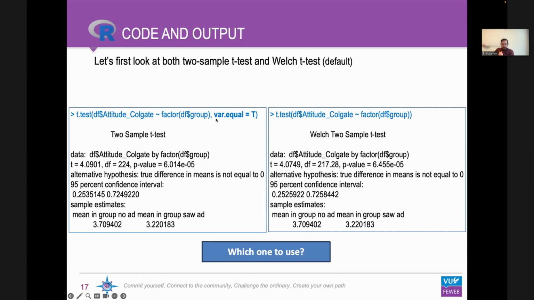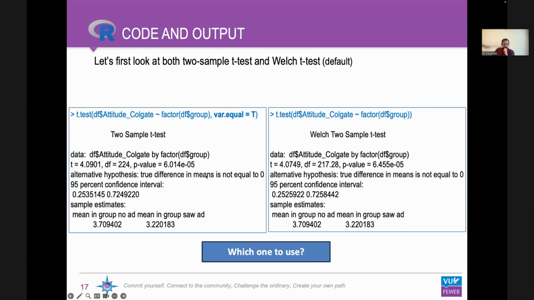When we don't specify this var.equal argument in the function, the default is false, meaning that we end up with a Welch two sample t-test, so we don't assume the variances are equal between the people who didn't see the ad and who saw the ad.